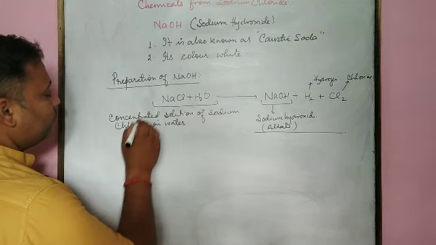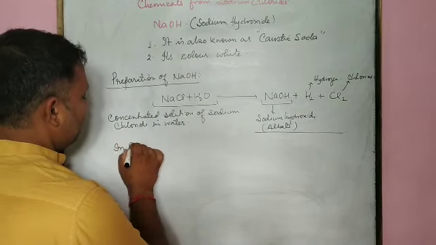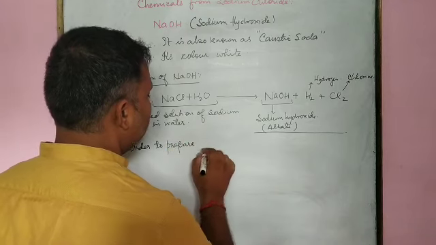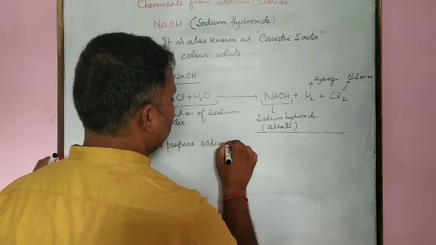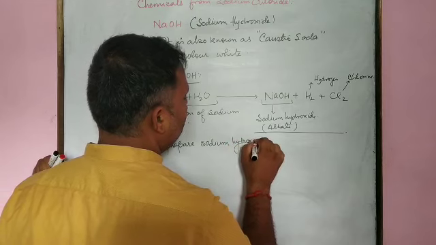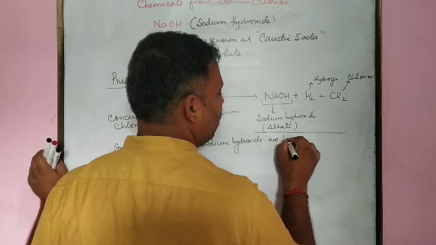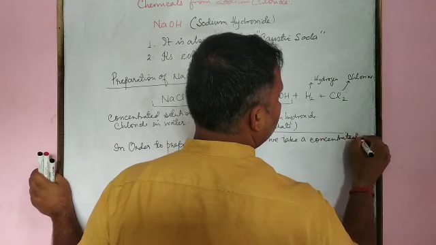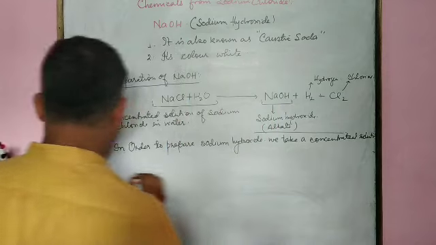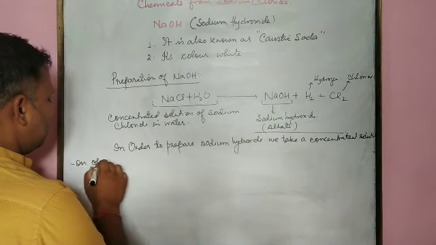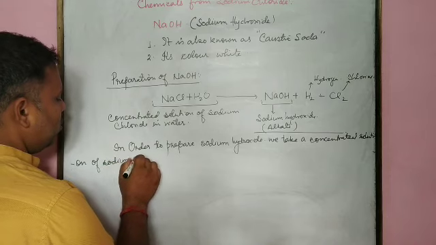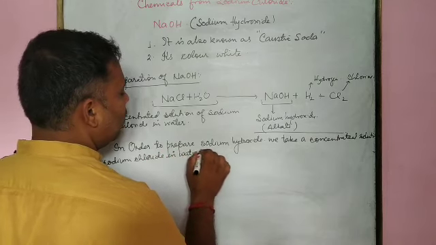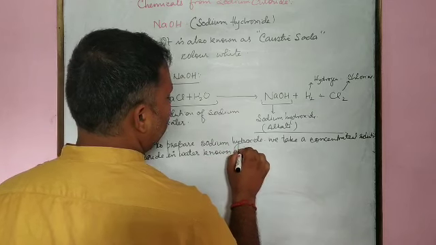What happens? In order to prepare sodium hydroxide, you take a concentrated solution of sodium chloride in water, known as brine.